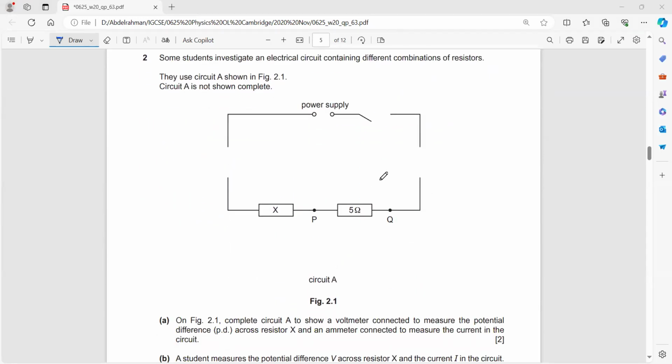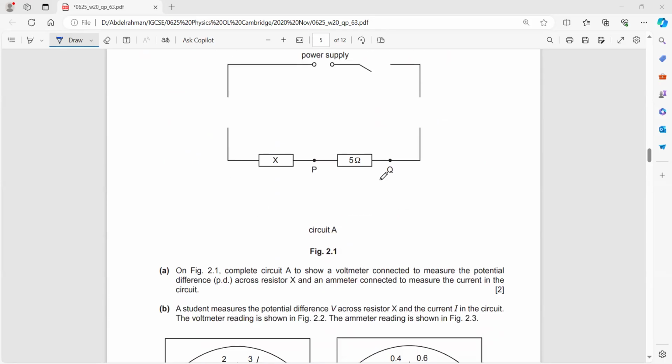Some students investigate the electrical circuit containing different combinations of resistors. On figure 2.1, complete circuit A to show a voltmeter connected to measure the potential difference across resistor X and an ammeter connected to measure the current in the circuit.